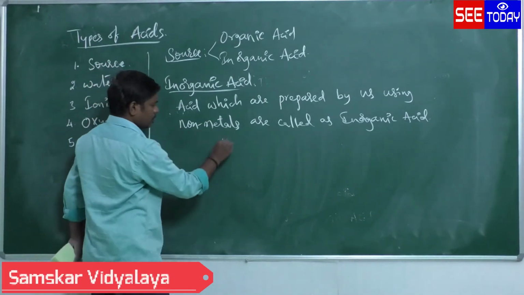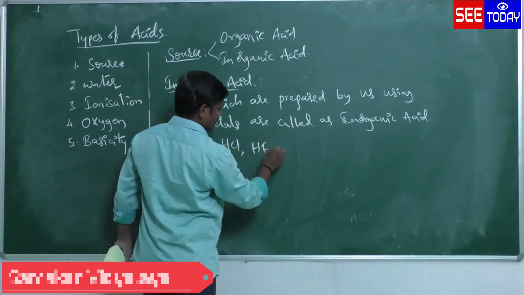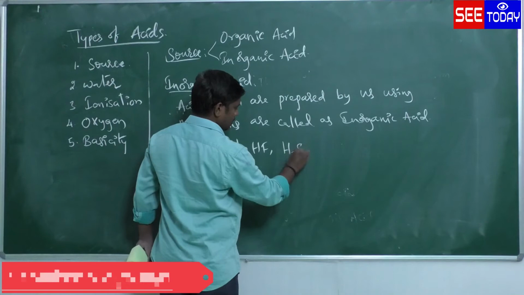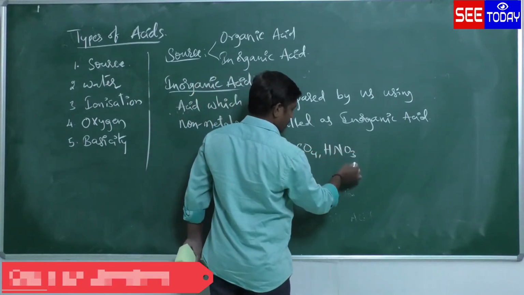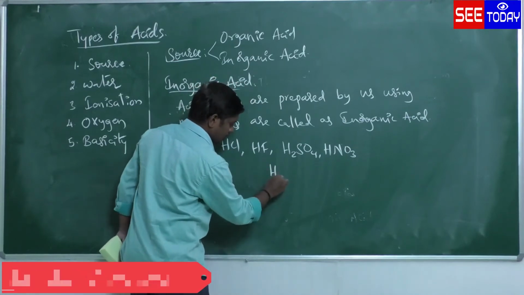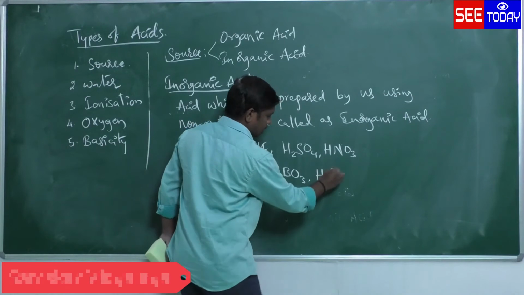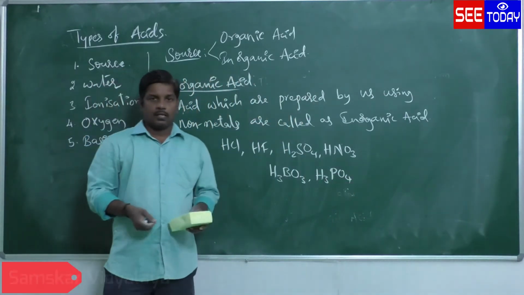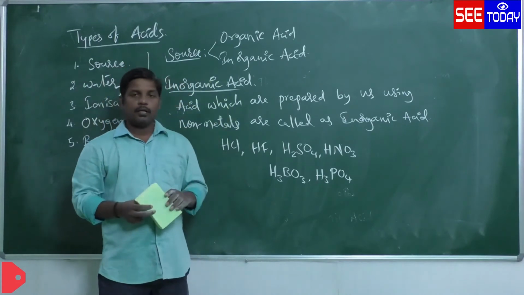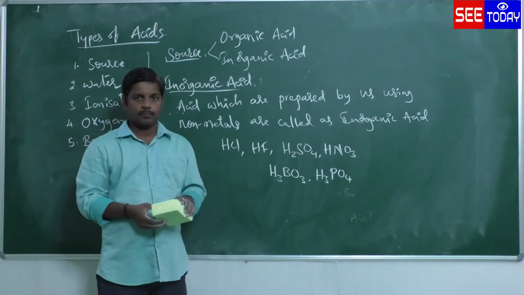So next, examples: hydrochloric acid, hydrofluoric acid, next sulfuric acid H2SO4, nitric acid HNO3, right, boric acid H3BO3, phosphoric acid H3PO4. So these are some examples of inorganic acids. These are prepared by us by using non-metals, right?